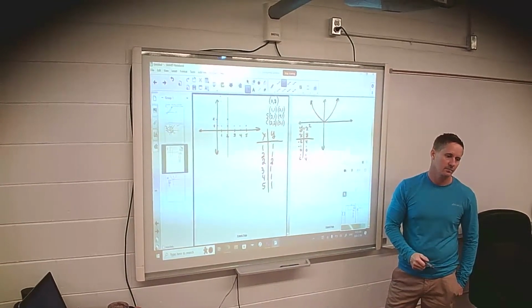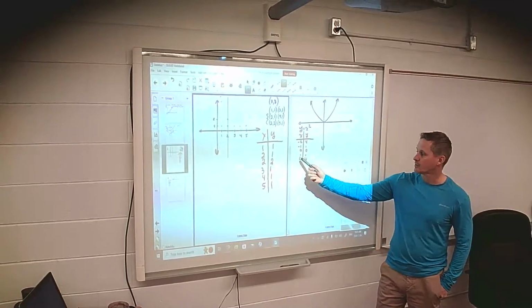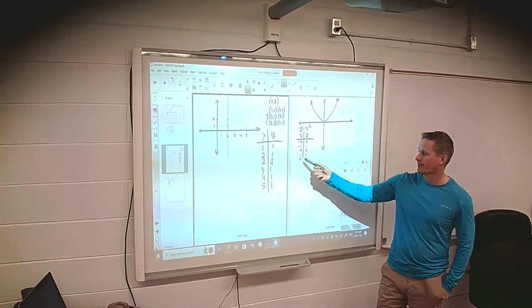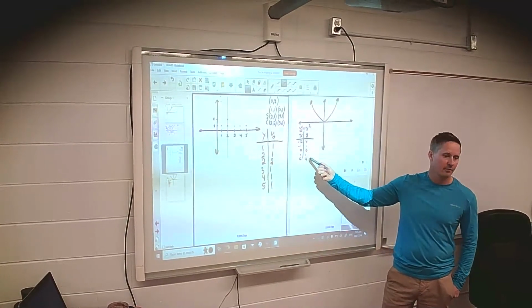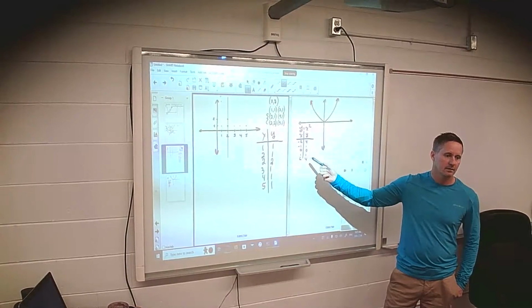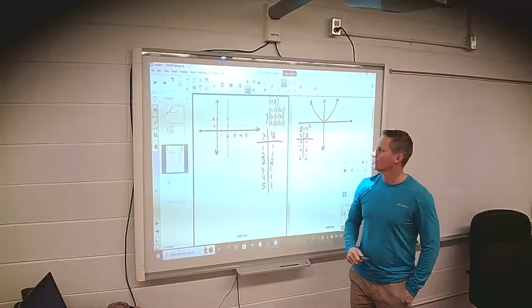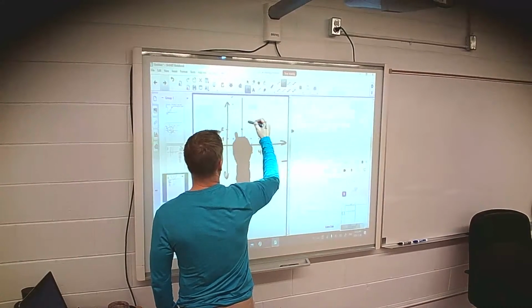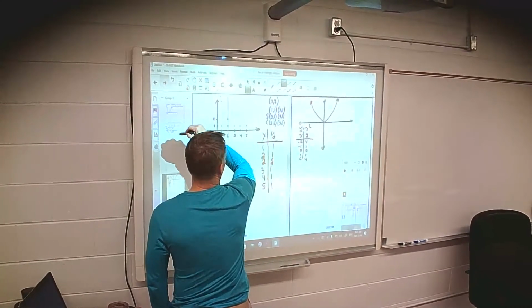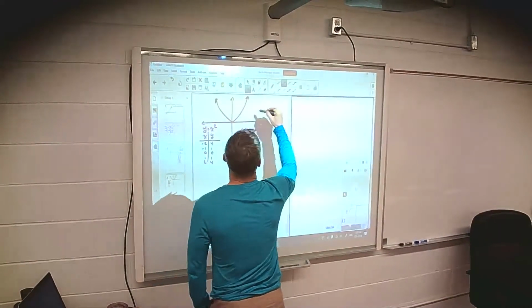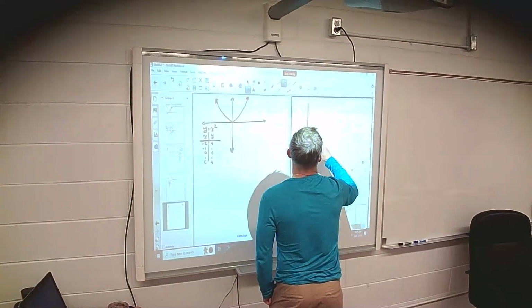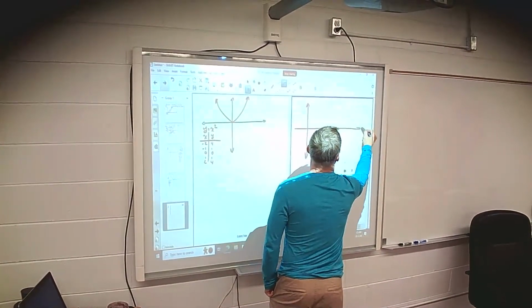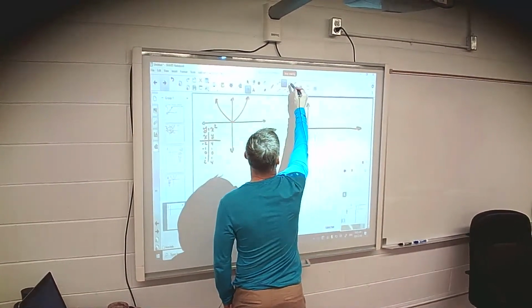Instead of -2, if it's +2. Yeah, if this was a +2 and a 4 and a +2, no, that would have to be a different y value. You have to have. So let me look. I'm going to show you. I'll go back to this other graph that wasn't there. Okay. So here's one that is not, and I'll do a table of values for it.